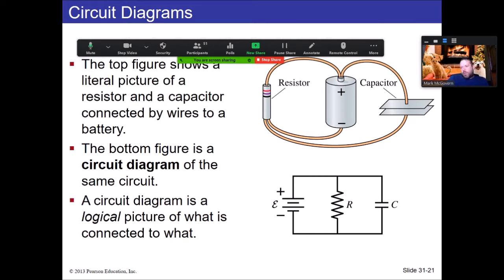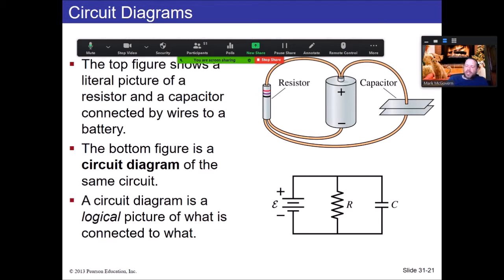We generally don't want to draw a physical setup of the circuit because it will introduce a lot of extraneous information that's not relevant to the circuit. And it's much easier to read your circuit diagrams when you have a standard way of displaying things. Your circuit diagrams are not physical, they are logical, basically.